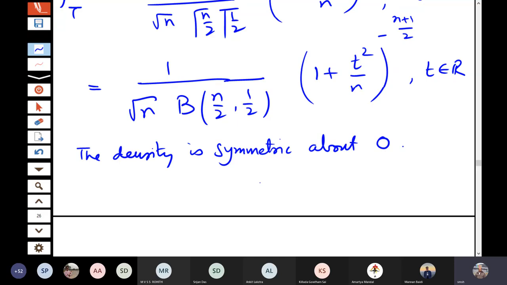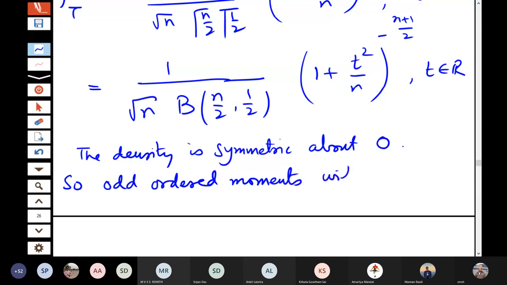Therefore the odd ordered moments will vanish, of course those which exist.